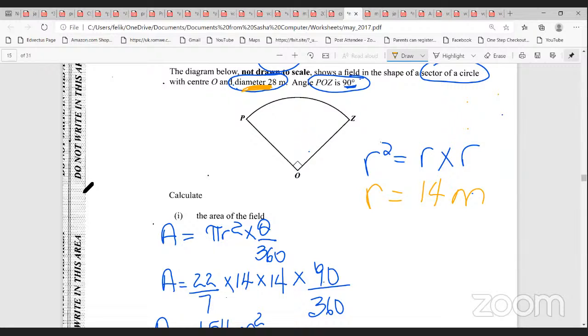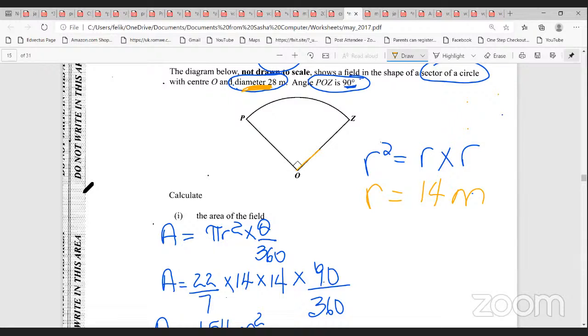So perimeter is the total distance around a figure. Total distance. So we're adding all the distance around, all right? So we're going to add this side here, and this side there. So let's look at the first part.